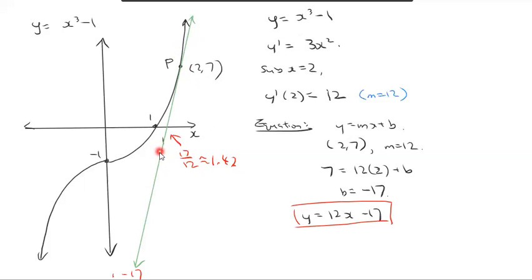Have a think about it. If the graph looks like this, the tangent kind of goes like that. 1 is here, 2 is here. So before we do any calculus, we know that this answer has to be between 1 and 2. And if you've got an answer that's not between 1 and 2, then you should be setting off alarm bells and go and check. Does that make sense?